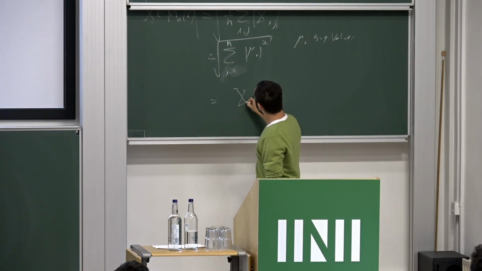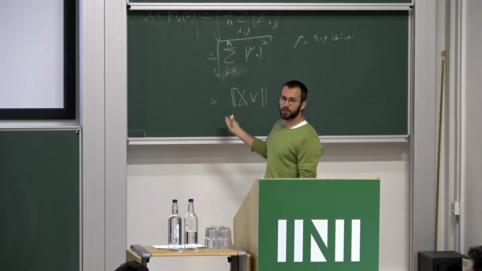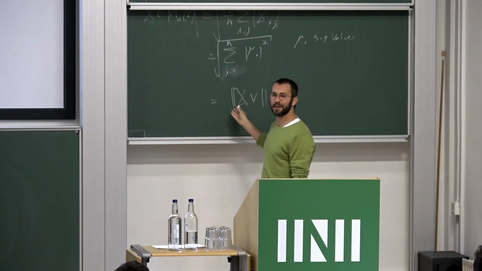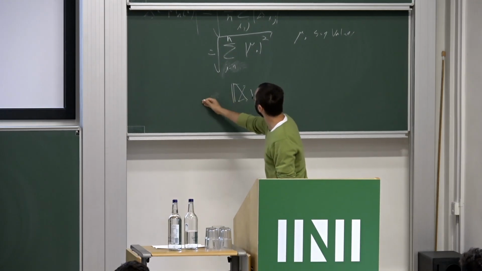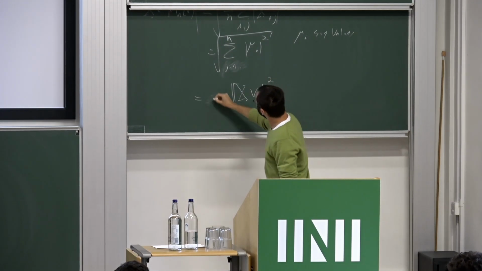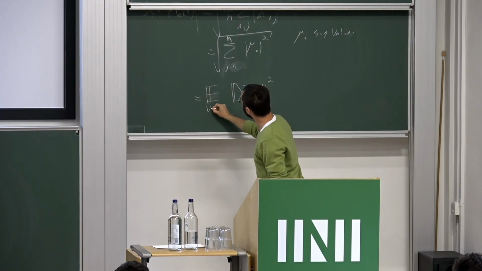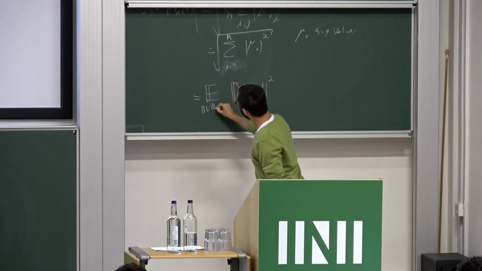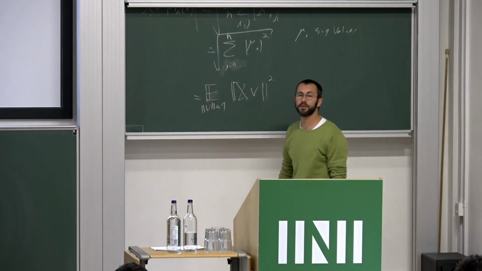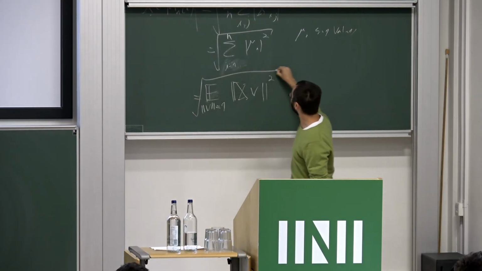You apply your matrix to a vector, and you measure the norm. Now, when you do operator norm, you take the maximal possible number you achieve. What you do in Hilbert-Schmidt is you take the average norm. So you take the norm, and you take an average in the unit sphere. And you take a square root.